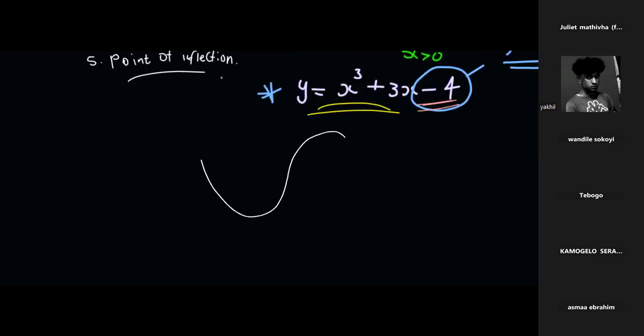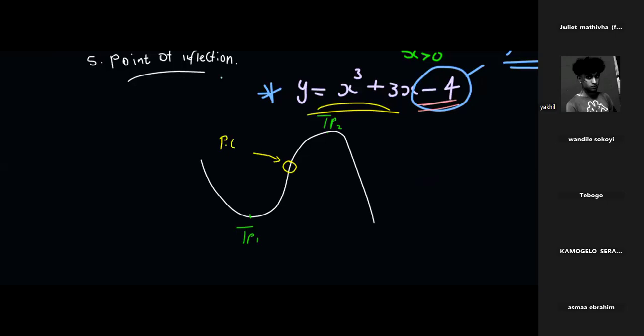This one will be TP2, turning point number 2. This value right here, we call the point of inflection. Don't abbreviate it, write it in full. I'm just abbreviating so as to save time.